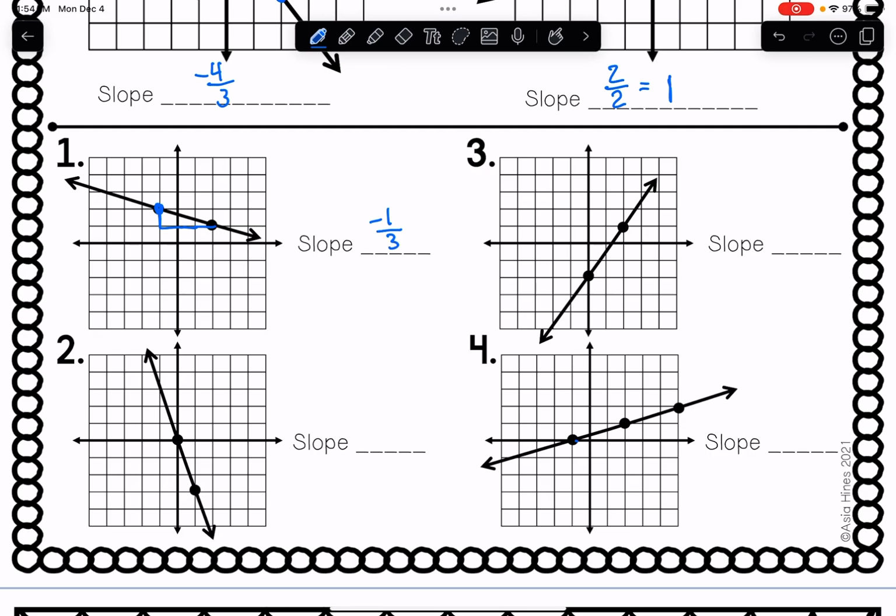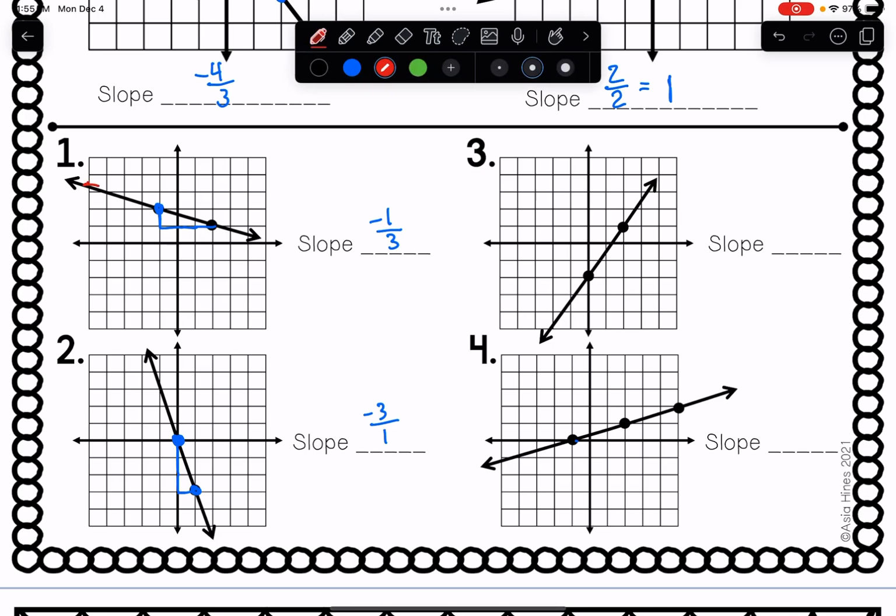And then for the next example, number 2 here, starting with our furthest left point, going to the next point that it gives, we have a drop of 1, 2, 3. So that's a rise of negative 3 and a run of 1. As I mentioned earlier, whether it's positive or negative, the smaller the number is, or the closer it is to 0, the more shallow this line is going to end up.